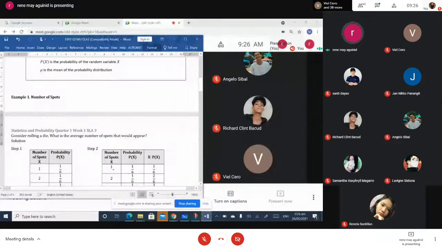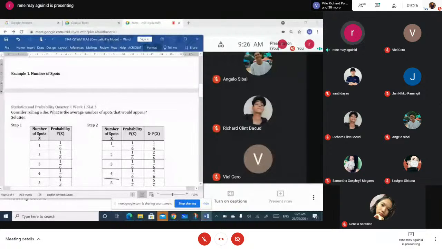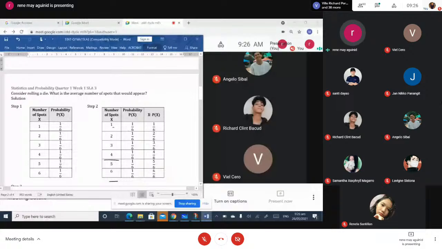So number of spots, no? Again, when we talk about tossing a die or rolling a die, there are six faces of a die. So there are 1, 2, 3, 4, 5, 6 possible spots that can appear when you toss or roll a die.